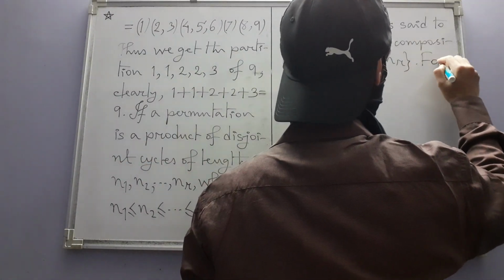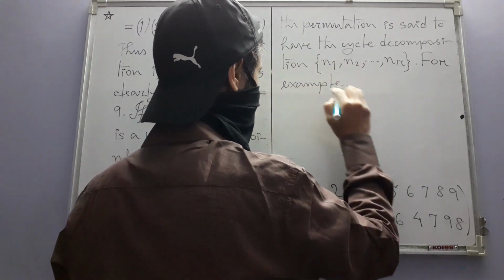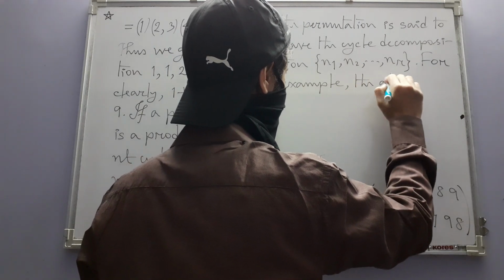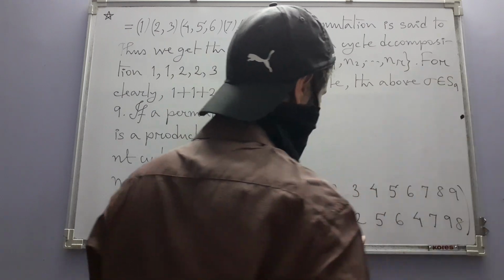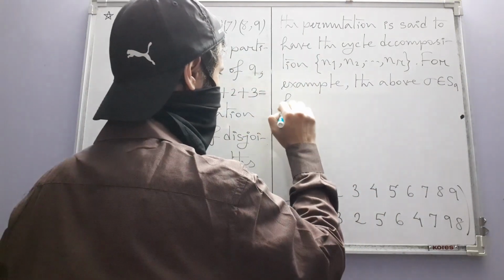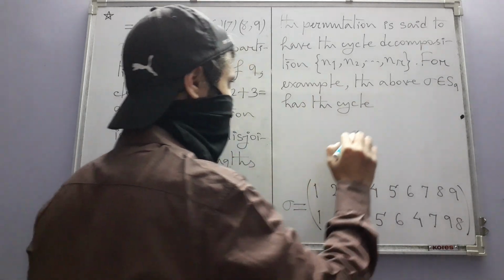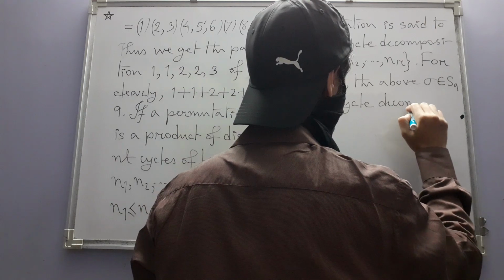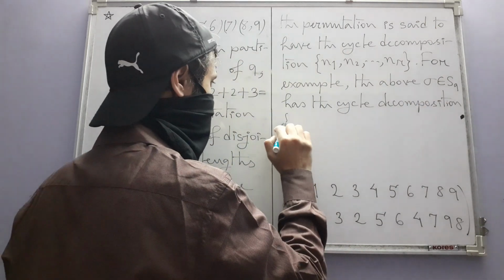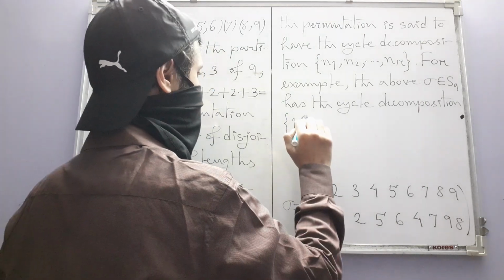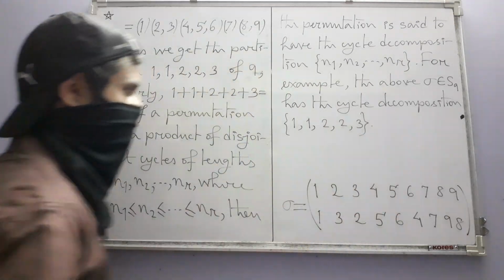For example, the above sigma in S9, that means this one has the cycle decomposition 1, 1, 2, 2, 3.